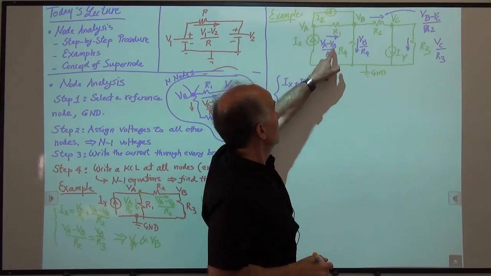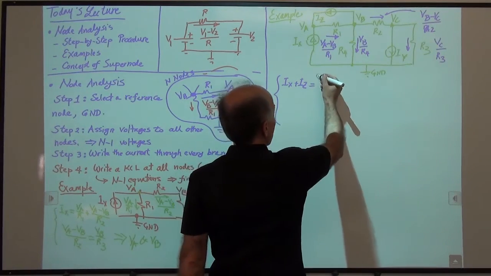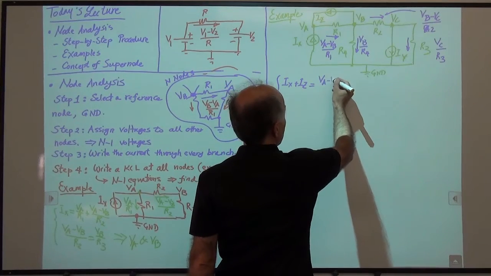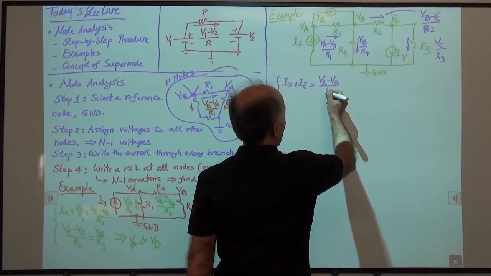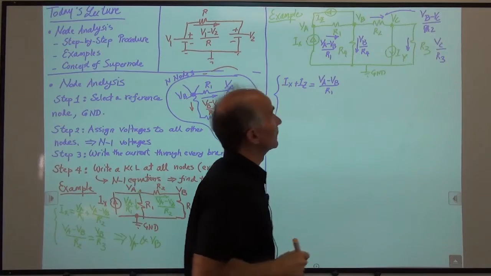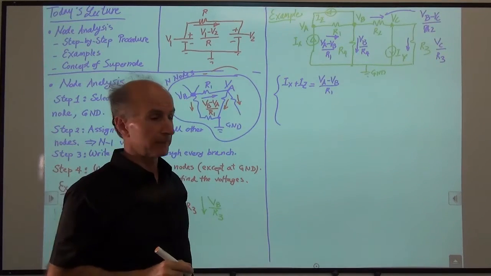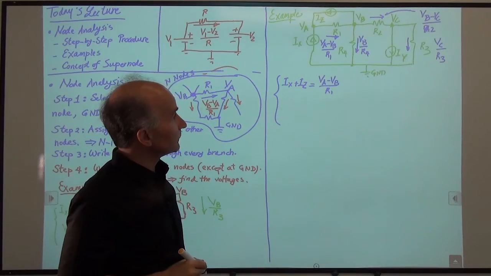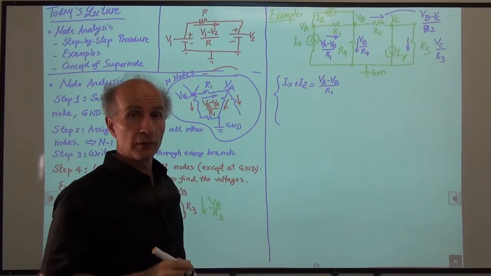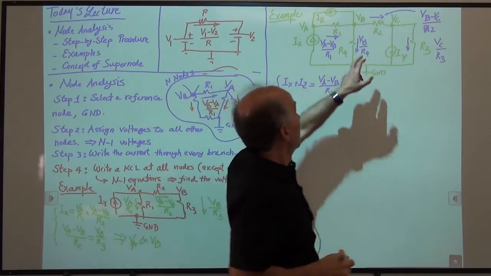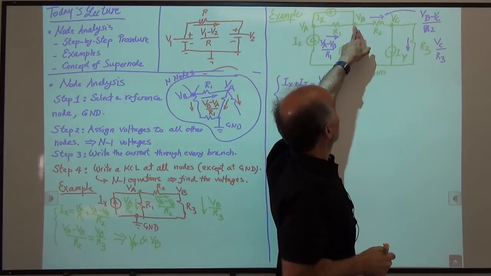So that would be VA minus VB over R1. All right, that's great.